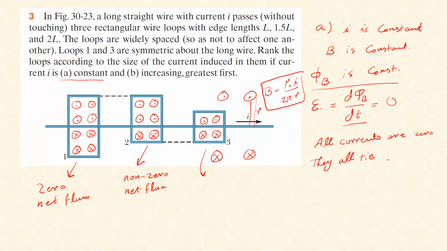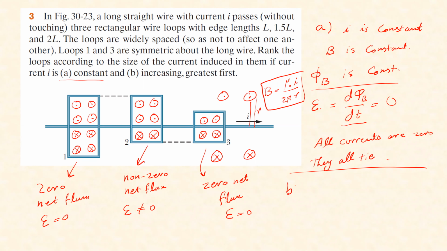Here, 0 net flux. Right? So if it is 0 and doesn't change, therefore EMF is 0. So E equals 0, E equals 0, E is non-zero. So what is the ranking?